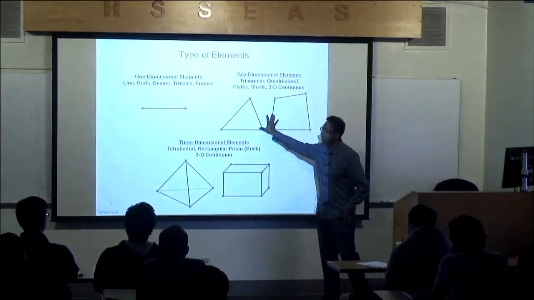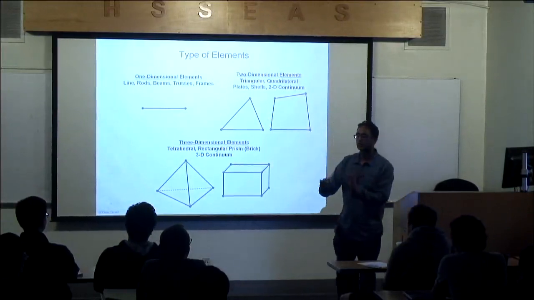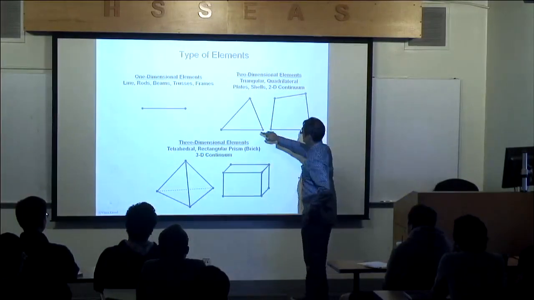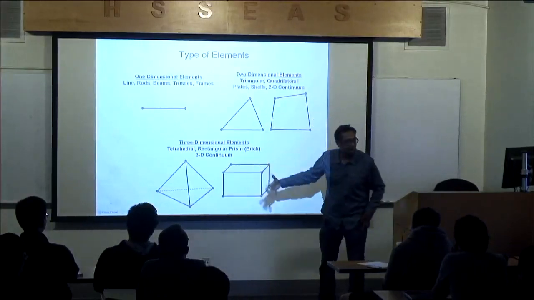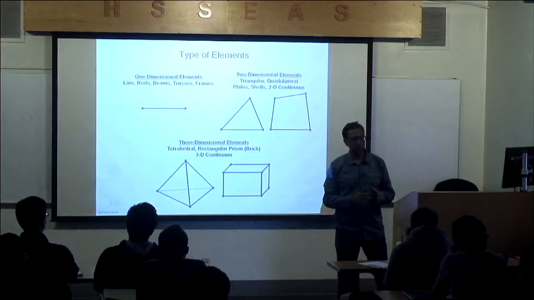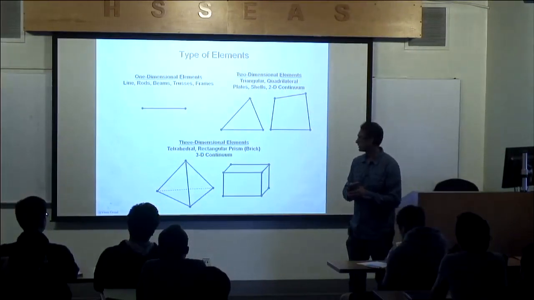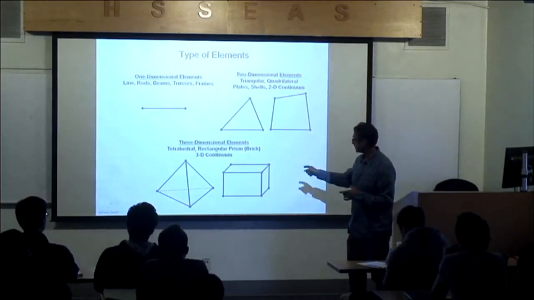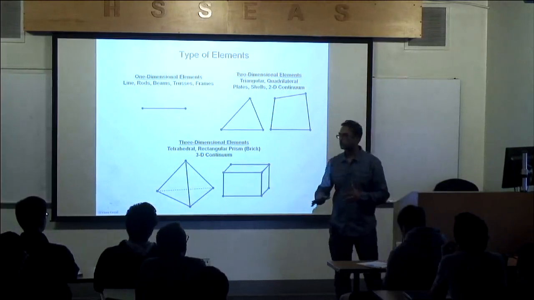And we covered these two in heat transfer, and I showed you higher order interpolation as well, how to have more accuracy by adding mid-nodes to these elements. We also have three-dimensional elements, and these can be either tetrahedrons or hexahedrals. Abaqus has another one called the wedge element, which is not really very accurate. Okay.